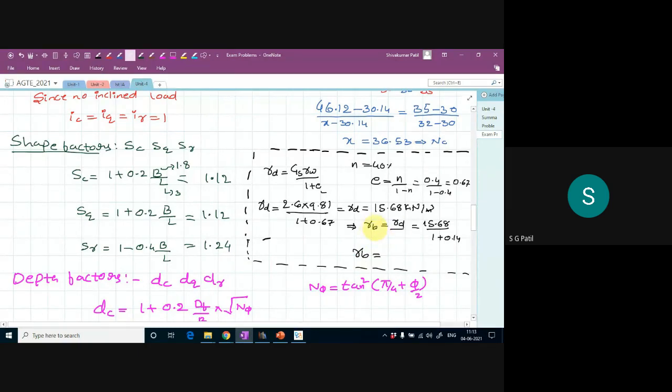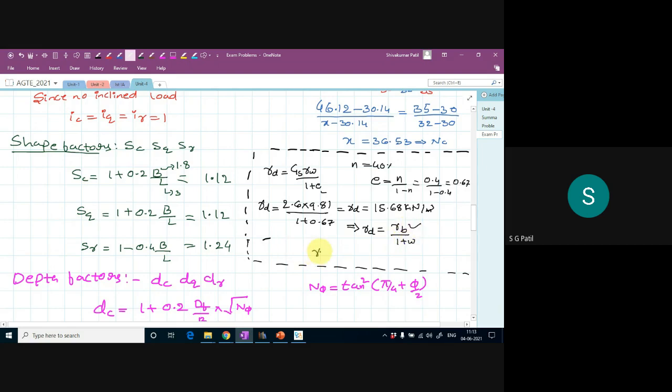I will rewrite the formula to relate your dry unit weight and bulk unit weight. Okay, so your bulk unit weight is equal to 1 plus W, into the dry unit weight.